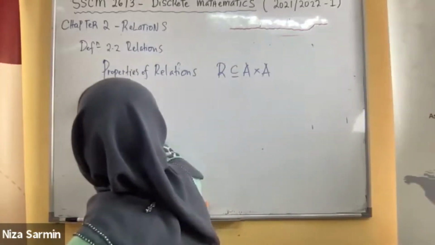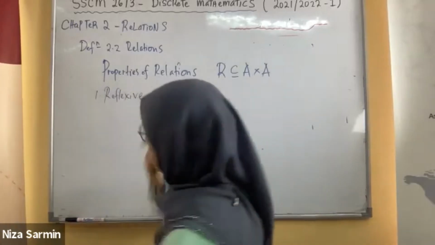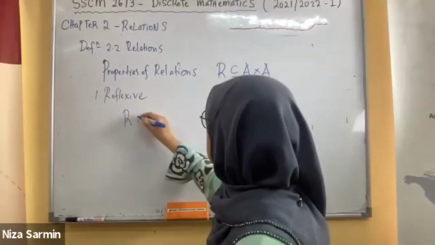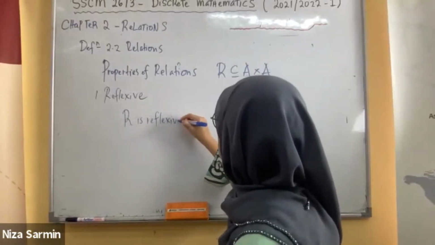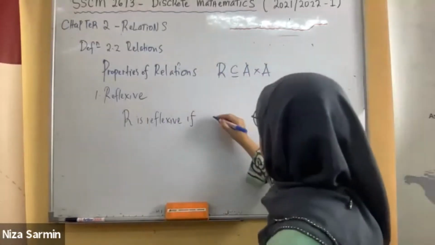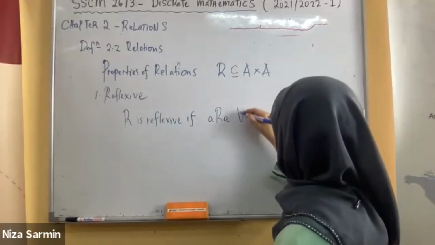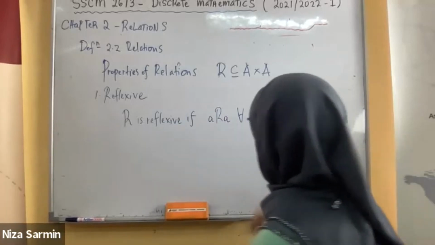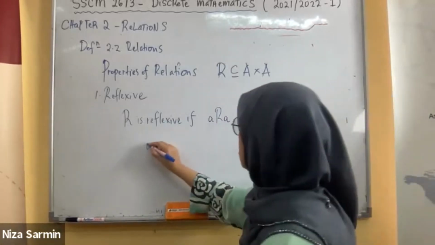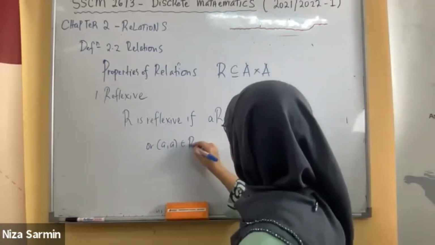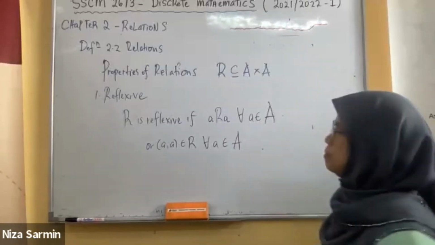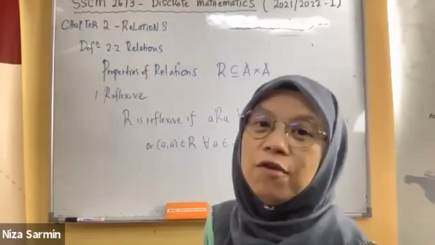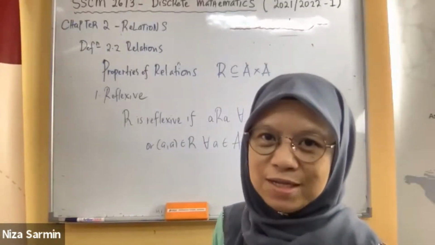First one is reflexive. Okay. R is reflexive if A R A for all A in A. Or you put A, A in R for all A in A. This means every element is related to itself.